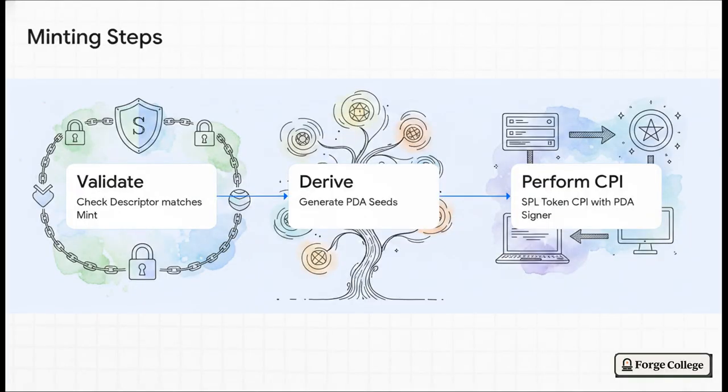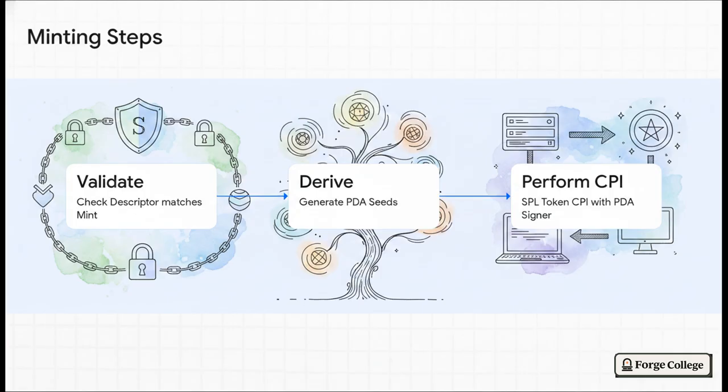Now let's actually look at how our instruction handler processes a request. Let's say a request to mint new tokens. Step 1. Validate that the descriptor matches the provided mint. This is an absolutely critical security check. It proves the descriptor is mathematically bound to that specific SPL mint account, which entirely prevents an attacker from trying to cross-contaminate and mint tokens into some unrelated collection.